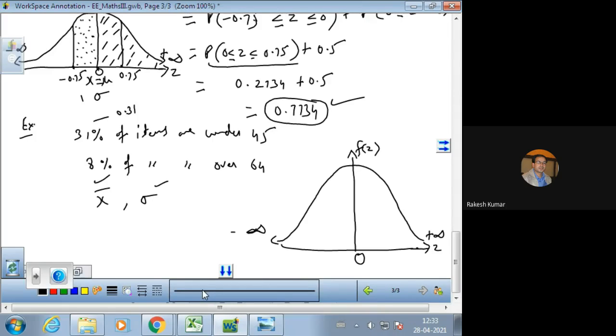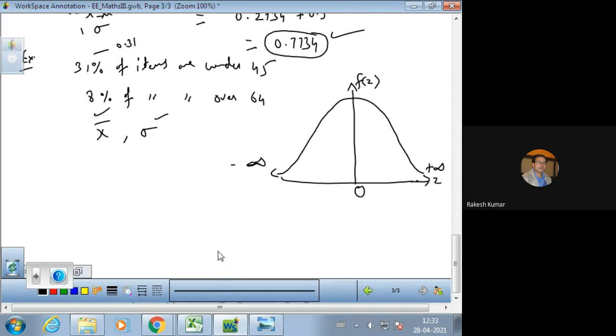Now what is given to us? We have given that 31% of the items are under 45.